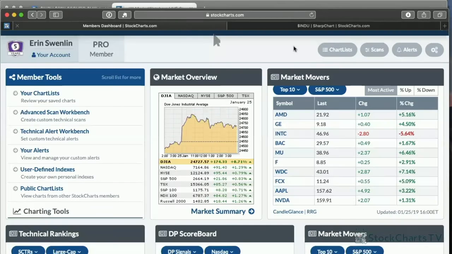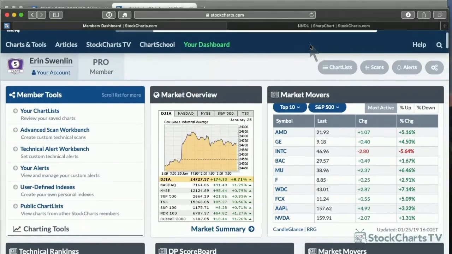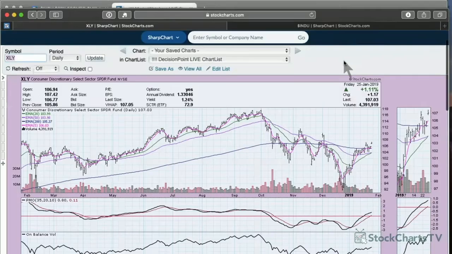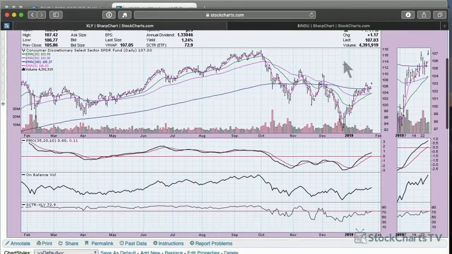I'm going to pull up XLY just so we can get a picture of what that signal looks like. And there you are. Like my dad said, the 20 is just above that 50 by 1/100th of a point, so it is a really thin margin. But also, as we should explain, with the EMAs, as long as the price is above, you're going to see them rise.